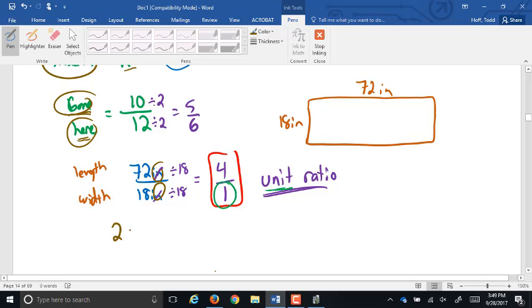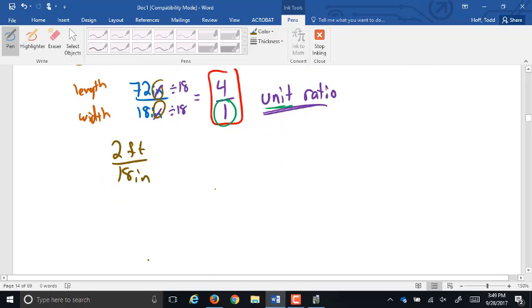If I had 2 feet compared to 18 inches, that is not a ratio because those are two different units. Now I can turn that into a ratio by converting 2 feet into 24 inches. So now it's 24 inches to 18 inches, and it is a ratio.